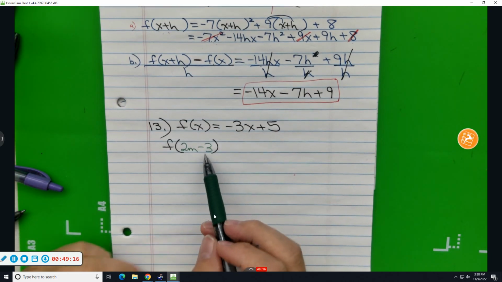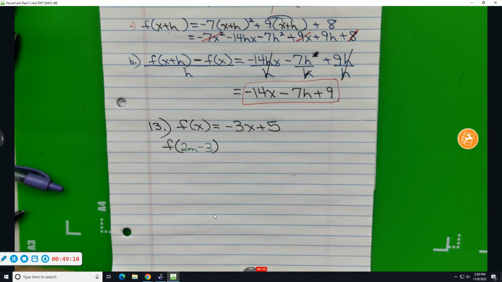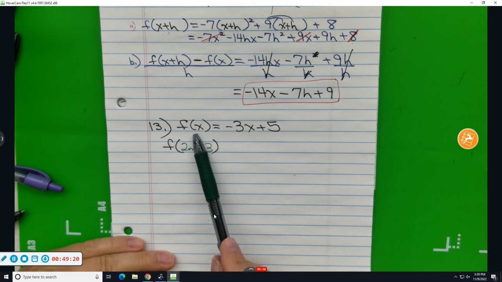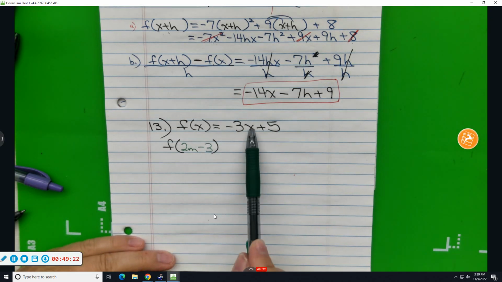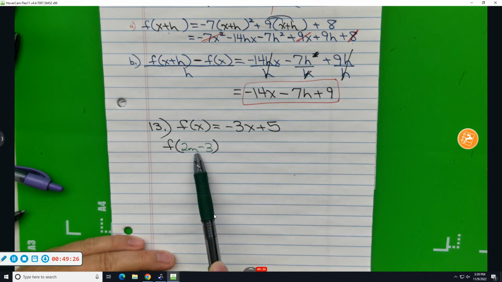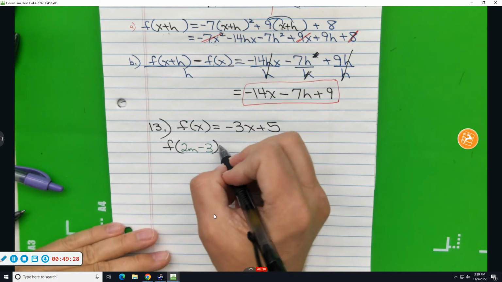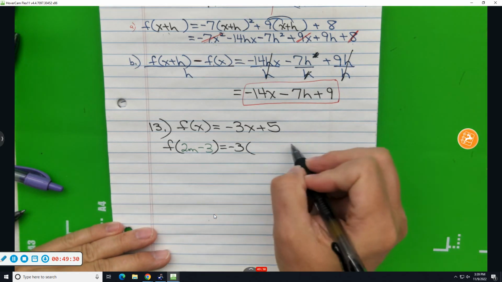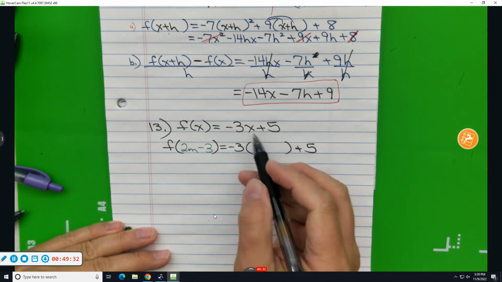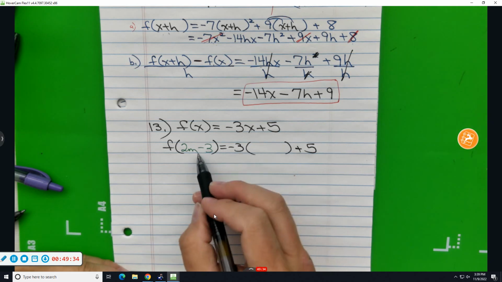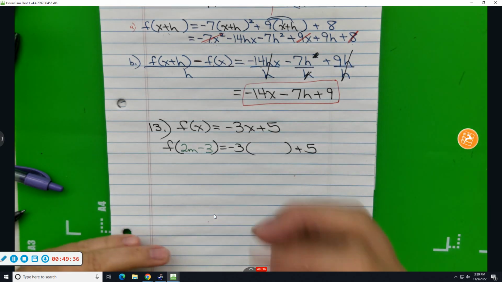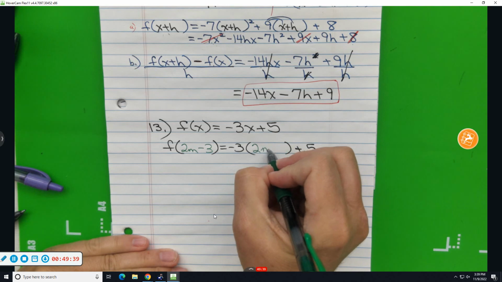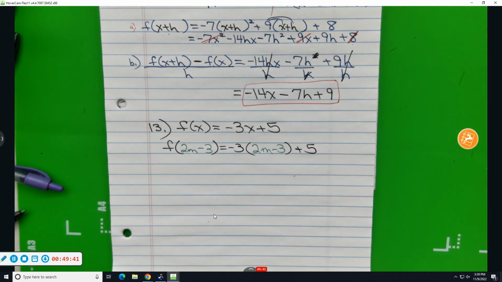We know how function notation works. That says go to your function f, and wherever you have a variable, replace it with what's in the parentheses. So we have a negative 3. Replace that variable with the parentheses 2m minus 3. And now it's a matter of simplifying.